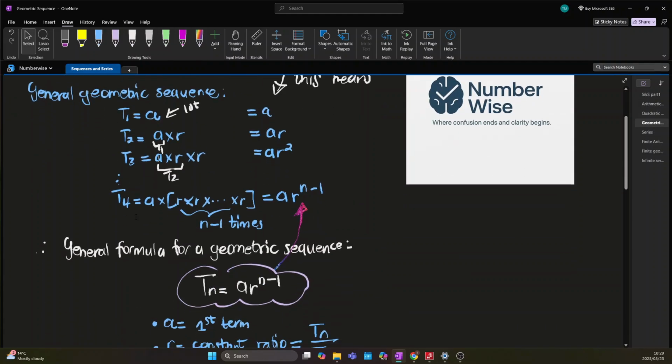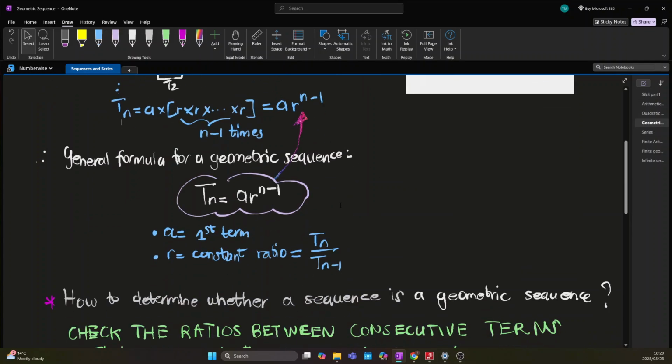So in order for us to get the Tn, or the nth term, we multiply a by n minus 1 r's, or the constant ratio, multiplied n minus 1 times.